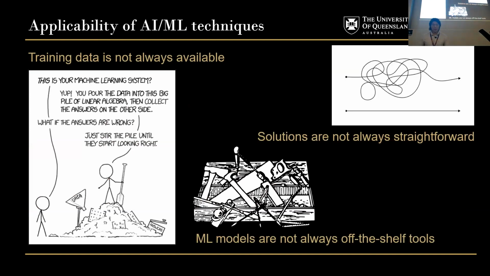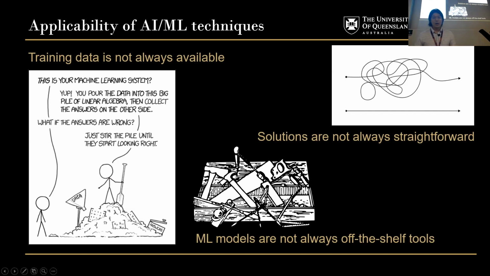To conclude, from this real application, this real scenario, we can see that there are some limitations of machine learning. First of all, in real-world scenarios, the training data is not always available. Even if it's available, it doesn't mean that you will have labels for it. It can trigger a high human annotation cost.